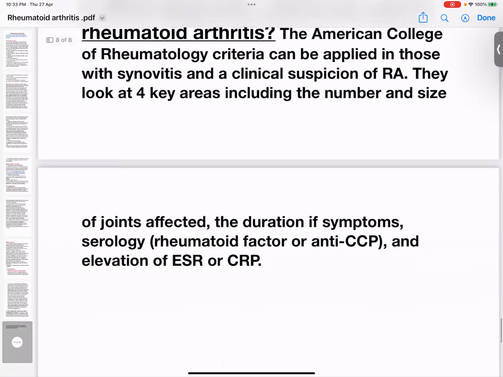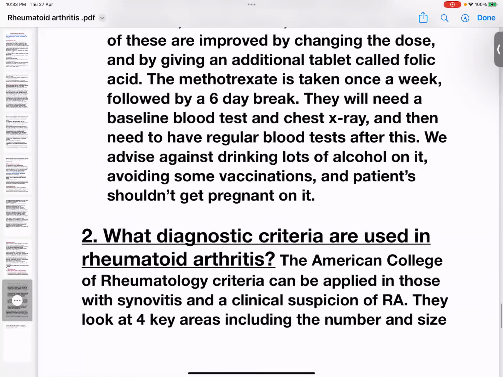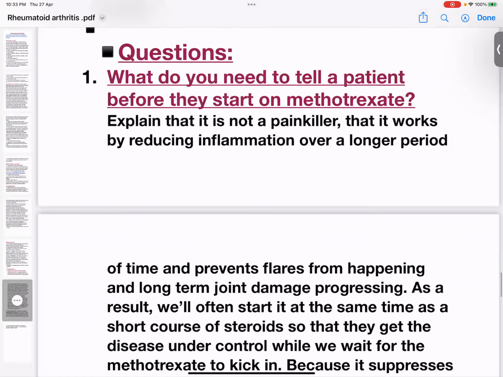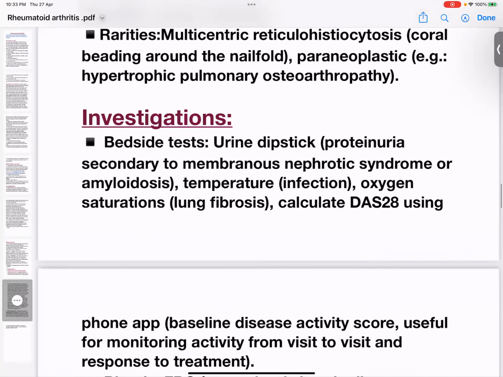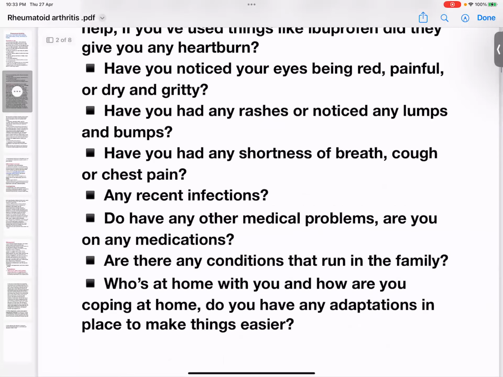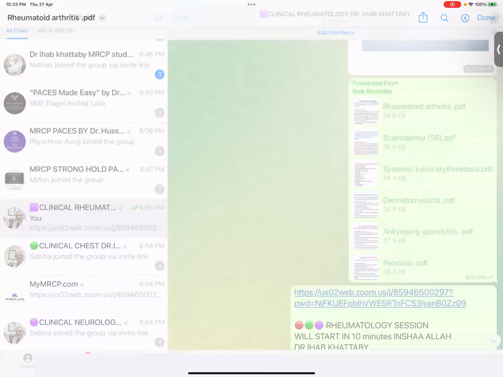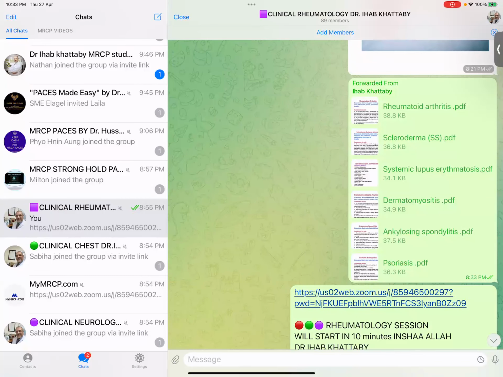So this file should be read many times in order to get all the information, and this is the rheumatoid arthritis case. Very common in the exam, and the questions are the same. What are the investigations and how to manage this case? Whenever you hear management, think about non-pharmacological, pharmacological, and surgical treatment.